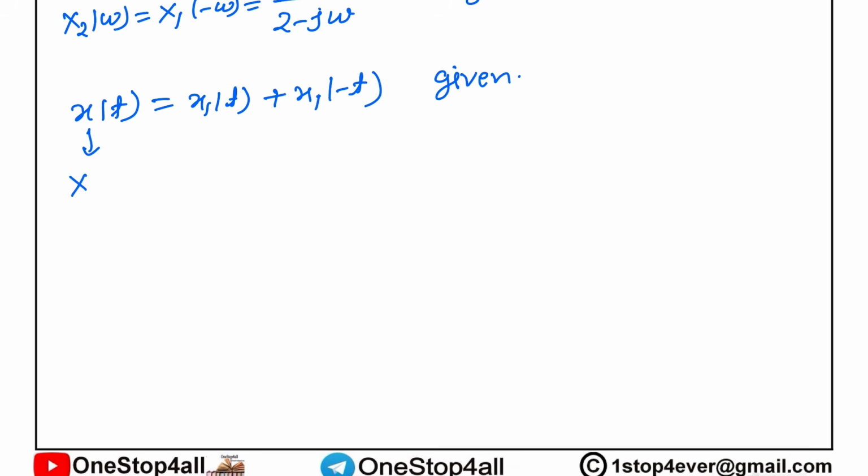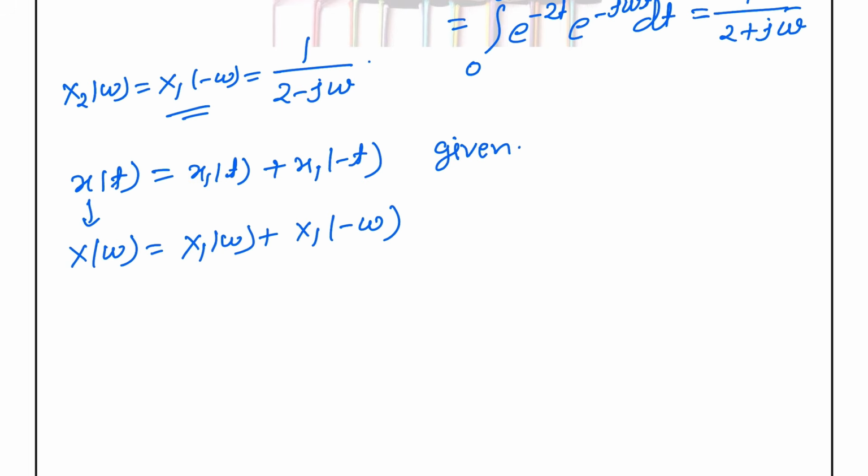Now, we will take the Fourier transform of this one. The Fourier transform will be x1 of omega plus x1 of minus omega. How is this one? This is which theorem? This is the linearity property of the Fourier transform.